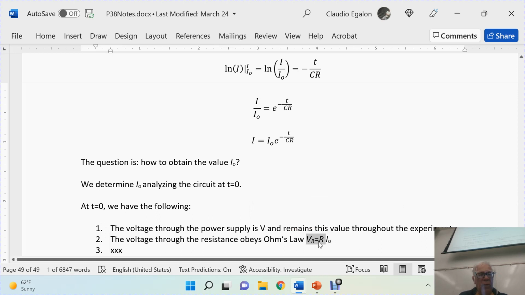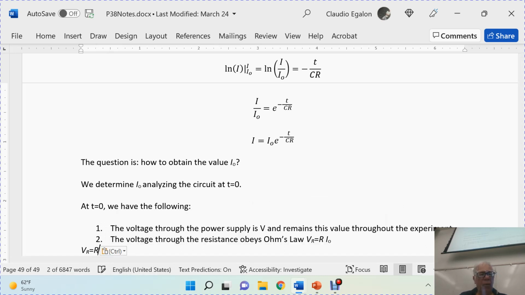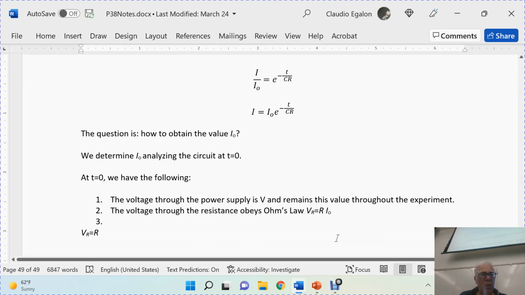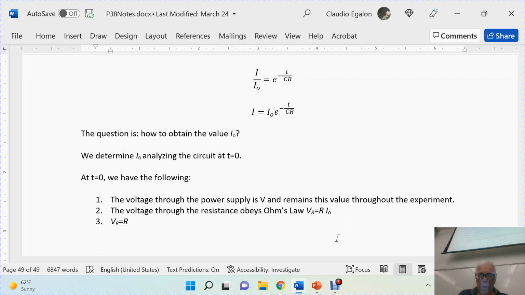And then we have to ask ourselves, what is the voltage across the last element, which is the capacitor? Remember, what's the voltage across the capacitor? Remember that initially the capacitor is uncharged.